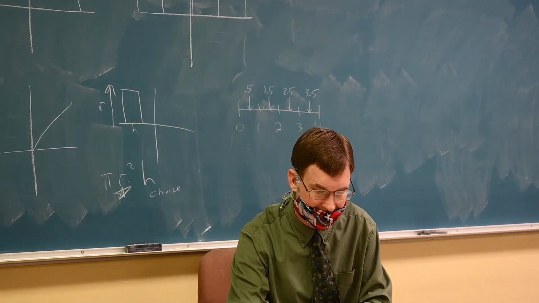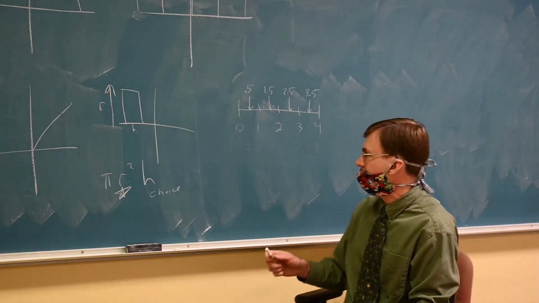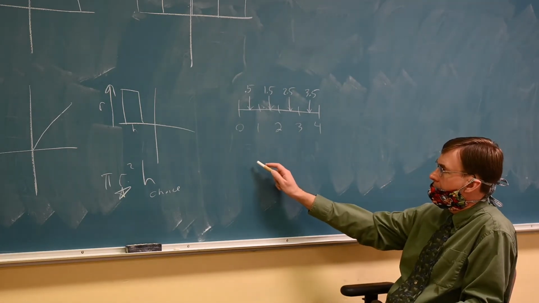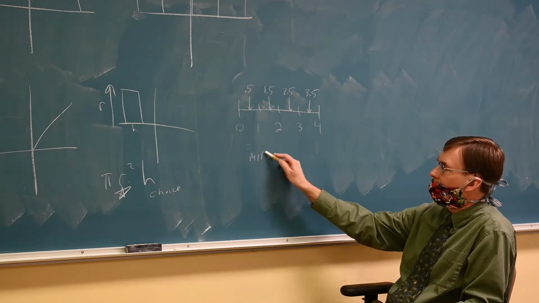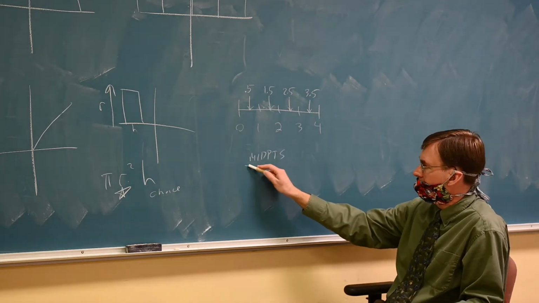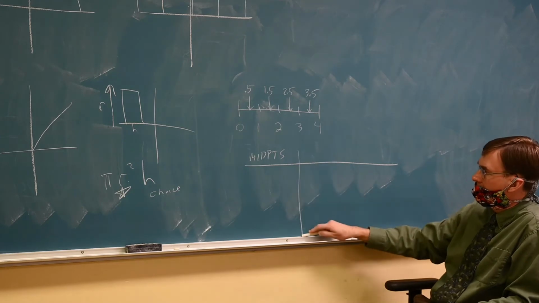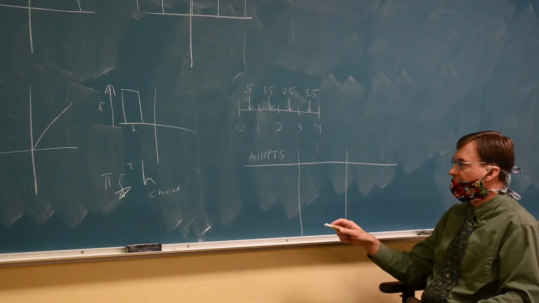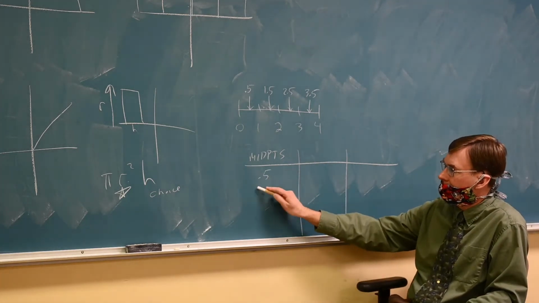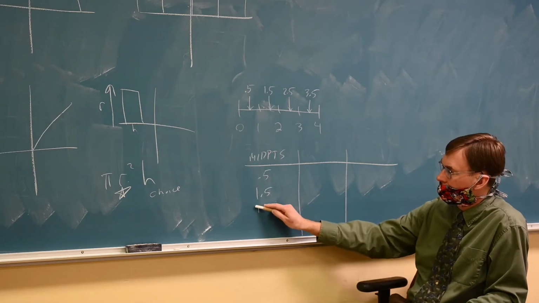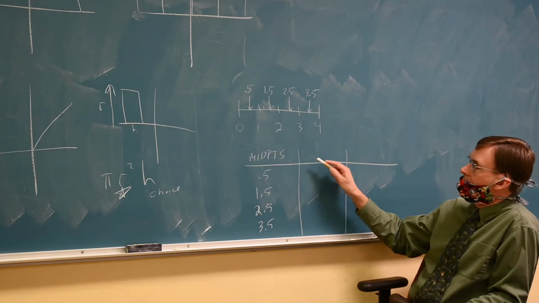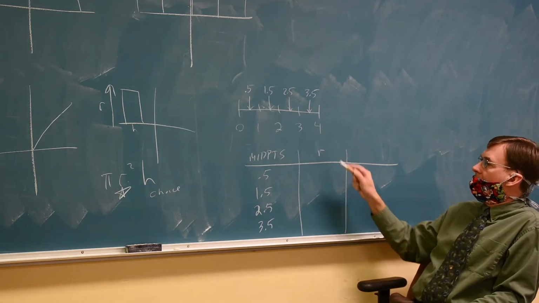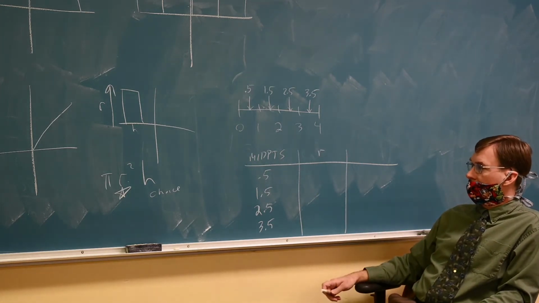What I'm going to suggest, it's going to be handy to usually make a table. Maybe not as necessary on this one, but I think I've found good success with this, so I continue to recommend this. Make a little table where you write down the midpoints. And then we use the midpoints to come up with what the radius would be.